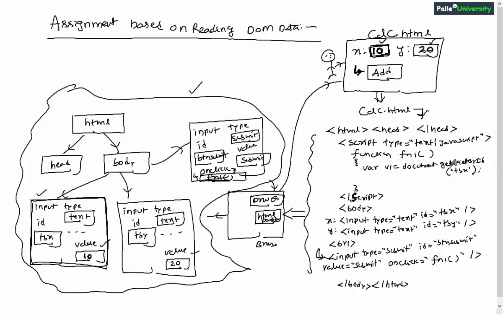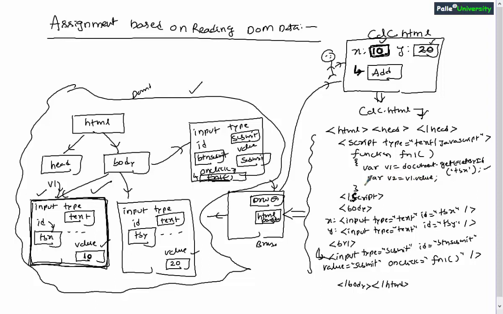I already said this getElementById function will search in the DOM tree for the existence of the node whose id is tbx. After identifying the node, automatically the v1 variable will be created and it will start pointing to this node. Now how to read this value? v1.value. Okay, so I must write var v2 is equals to v1.value.